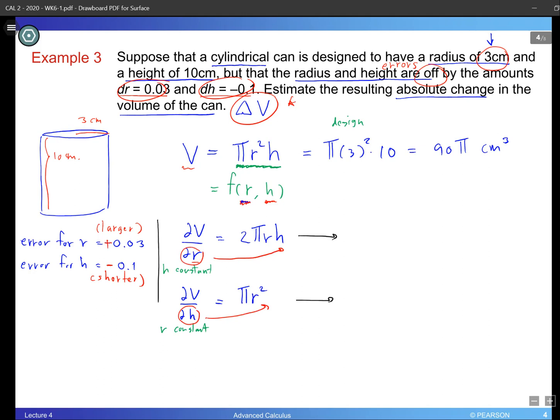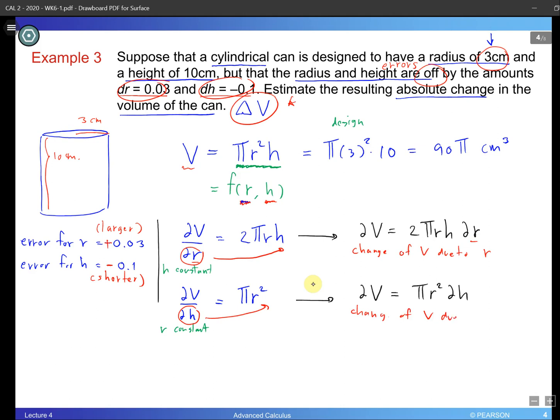We are going to get dv equal to 2 pi r h dr. And for this one we are going to get dv equal to pi r squared dh. Make a note right here, this is the change of v due to this variable r. And this one is the change of v due to h.